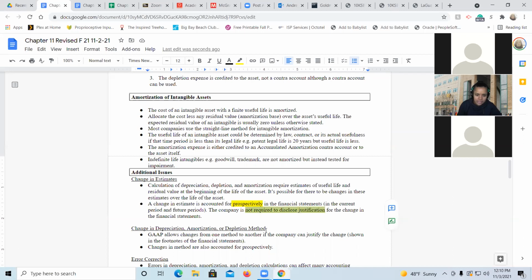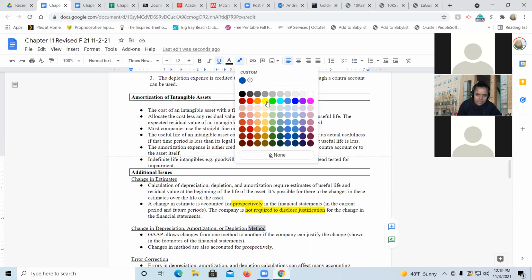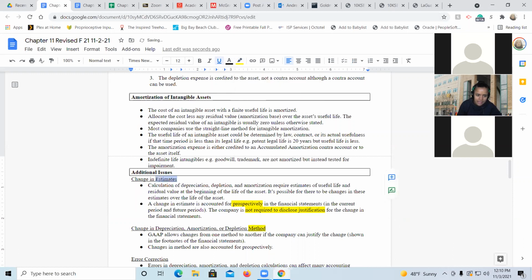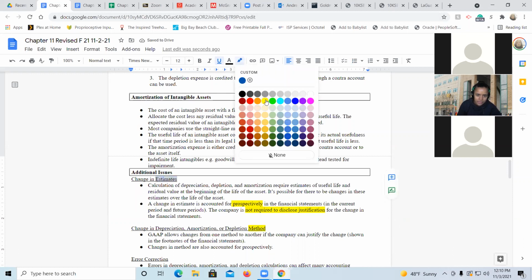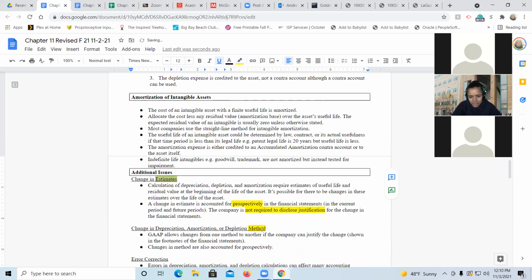This is contrasted with a change in method, right? This one is a change in the estimates that go into the calculation for depreciation. A change in method means you're changing from straight line to units of activity, or units of activity to declining balance, or declining balance back to straight line, or whatever the case may be. GAAP does allow changes from one method to another, but you, as the company, have to justify the change.